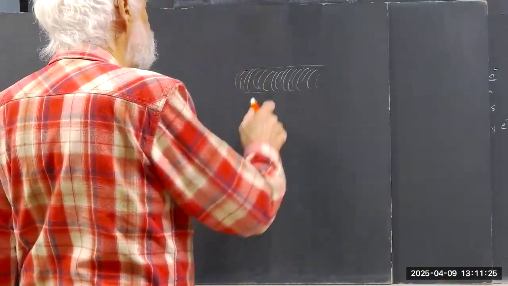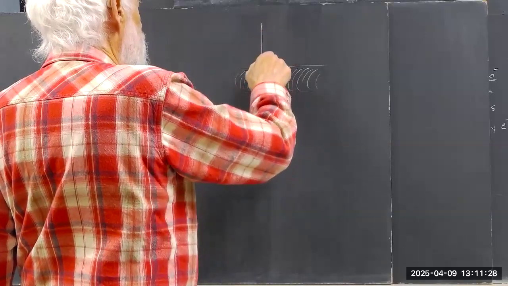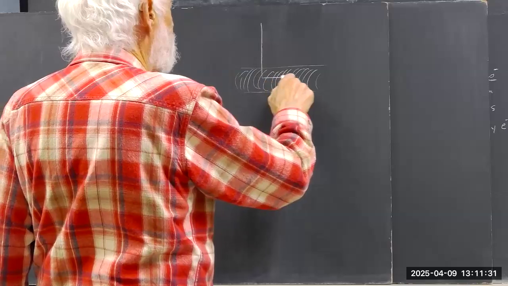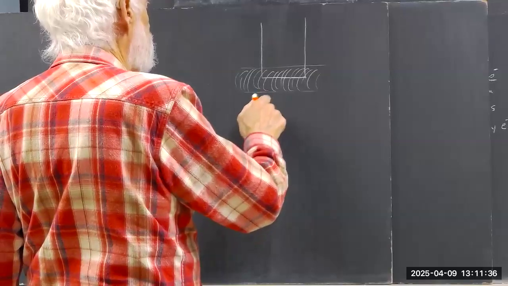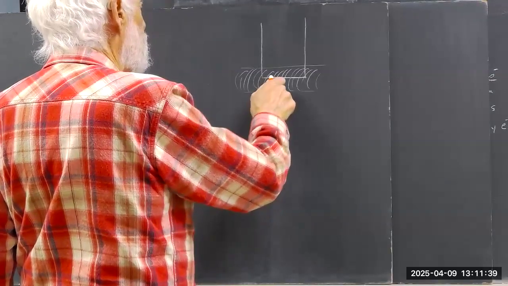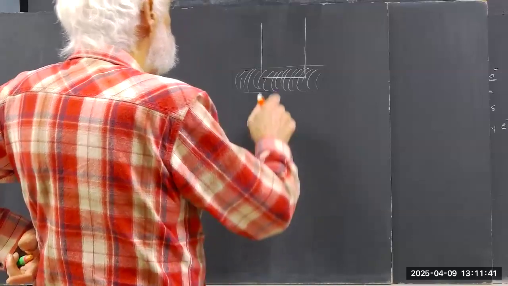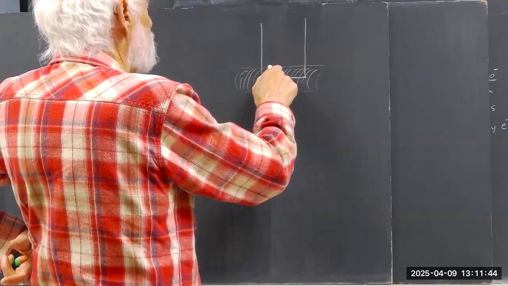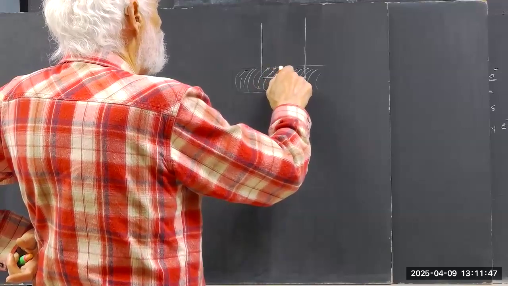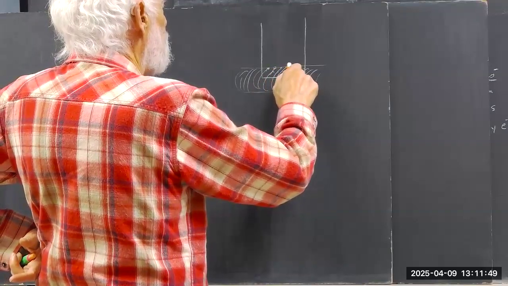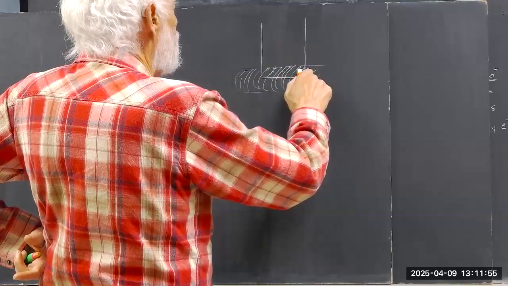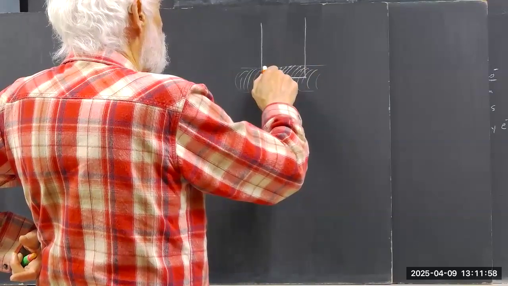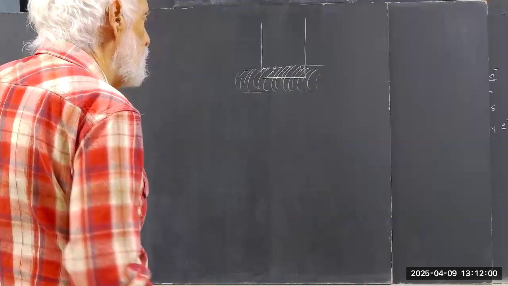You take a path inside the cylinder, and you kind of make a little dot every time one of these wires penetrates the loop.